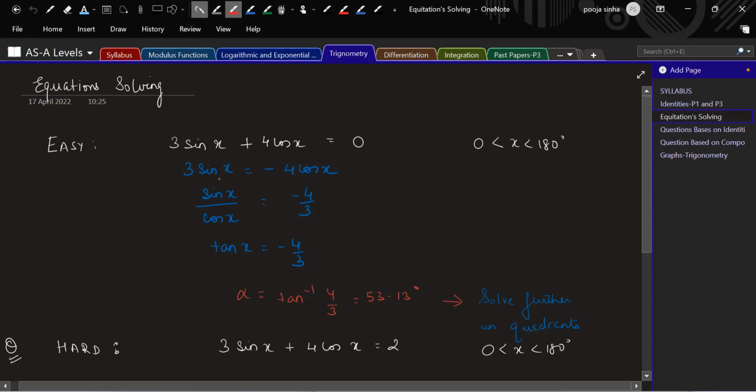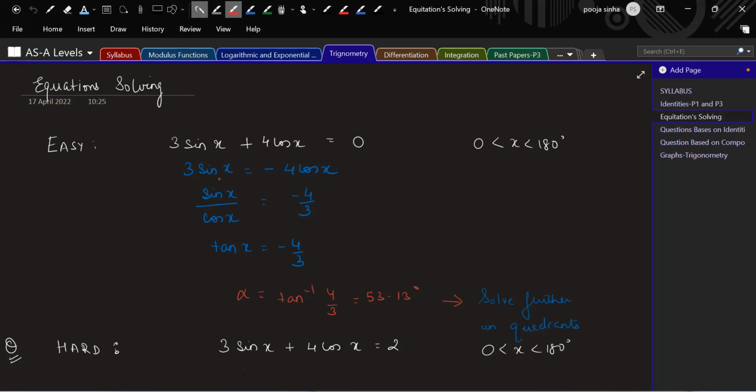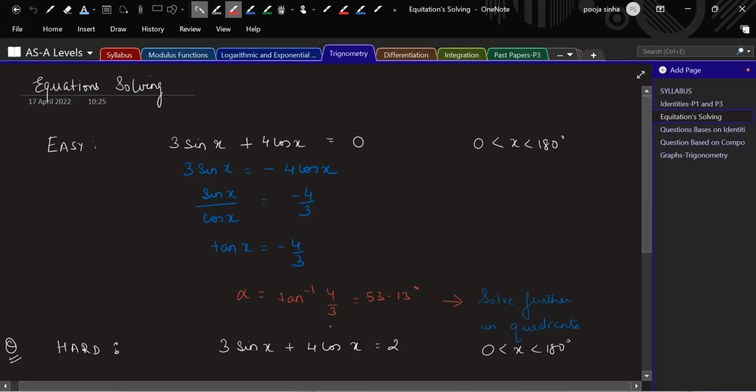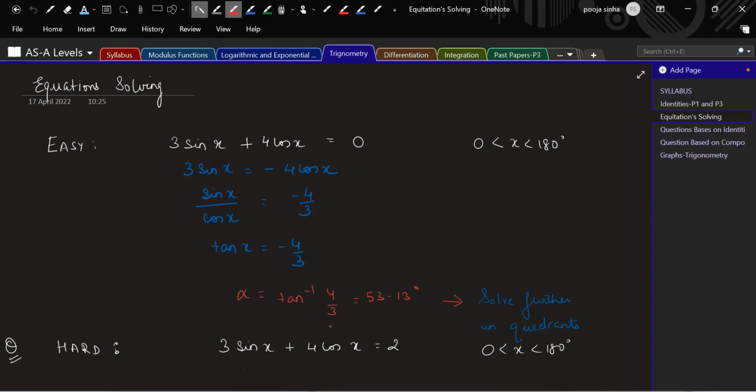You're supposed to solve for x. So tell me the process, just do it once to revise. Yeah. Do it. So x is tan inverse of 4 upon 3 or tan inverse of minus 4 upon 3.